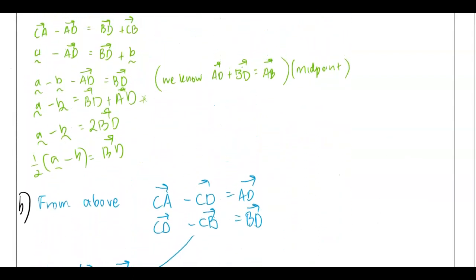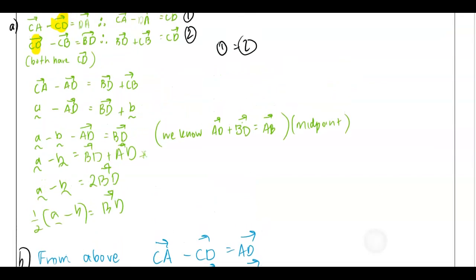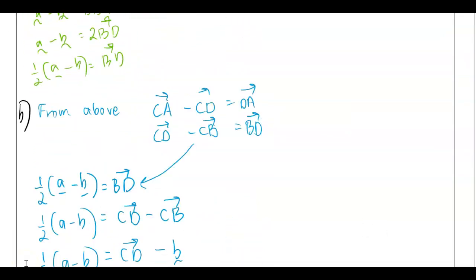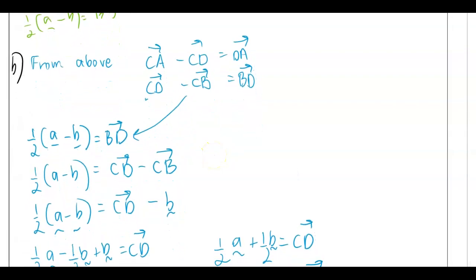So from above, we had those two equations. Those two equations that are numbered 1 and 2 gave us vector CD and CD, and I'd taken them out before. But I also know from my question above, I know this one, that was the part A that we've just worked out.